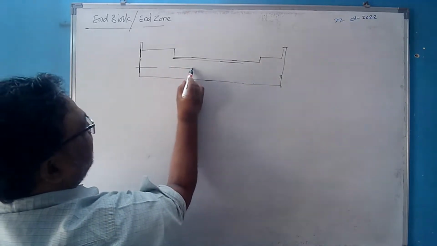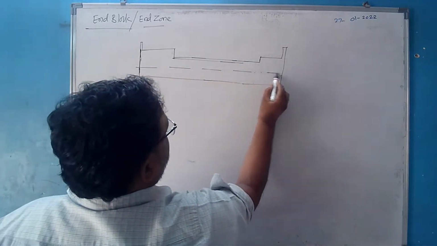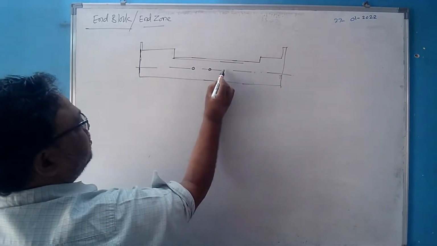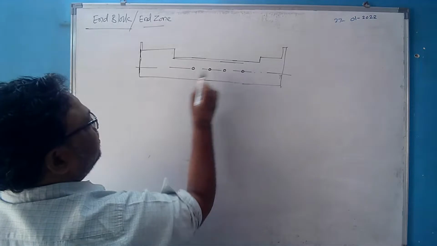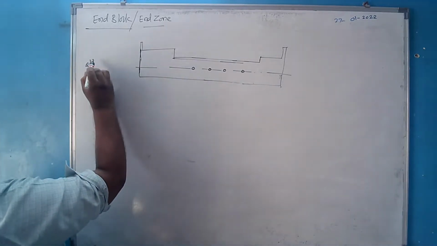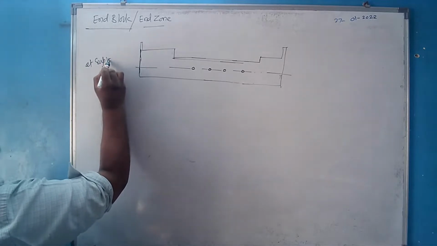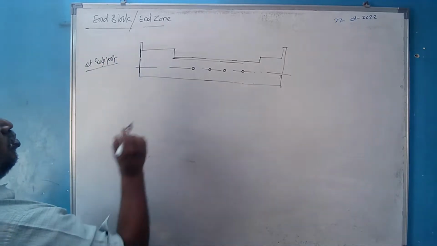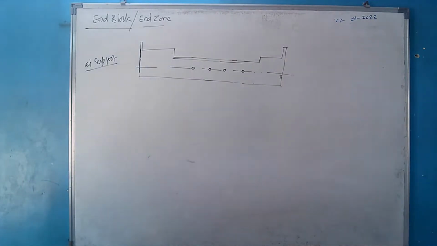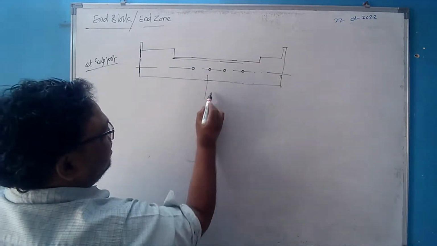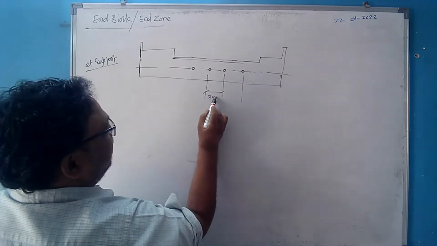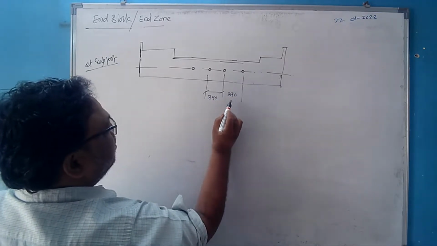Say here is the neutral axis, and here the cables are provided. Is it right? At support, the cables are coinciding with the neutral axis. That is what we had considered. What was the spacing? The spacing is 390 mm center to center.